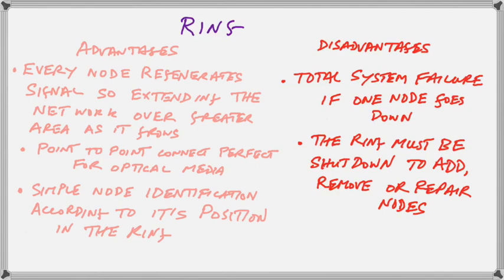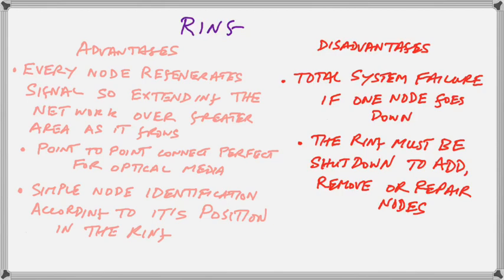How about the ring? Well, in the ring system, every single node in the ring regenerates the signal or acts as a repeater. So extending the network over a greater area is quite possible. We can have a gigantic ring, and the more nodes we add, the bigger the perimeter of the ring can become.